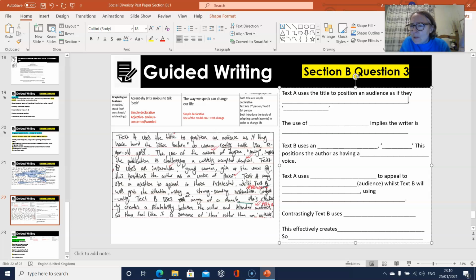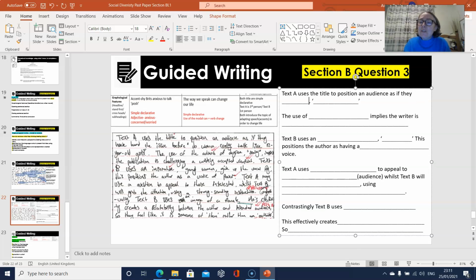Now remember, guys, what country is this newspaper from? What do we have to put down under context? The GASP. This is an online article from Canada. So the text A uses the title to position an audience as if they are not British, but, okay, they've heard the issue before, but we wouldn't, so we're not British, we might not have heard the issue before, but we might be interested in the issue.